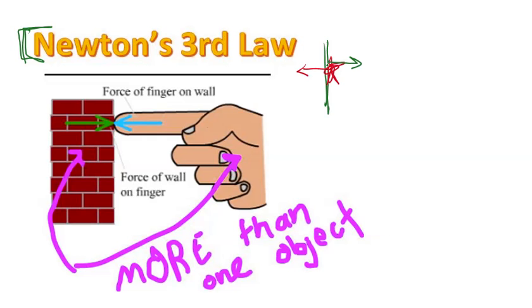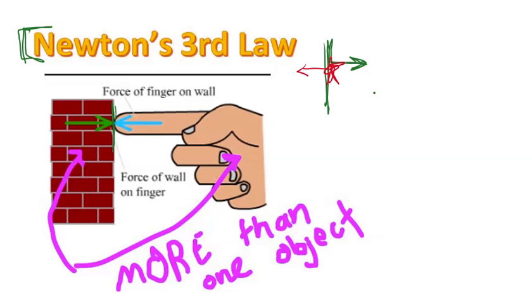Be careful. A lot of times I could draw maybe a free body diagram of the finger or the hand, and that would just be a free body diagram, one object, Newton's second law. Or I could analyze how the forces are interacting.